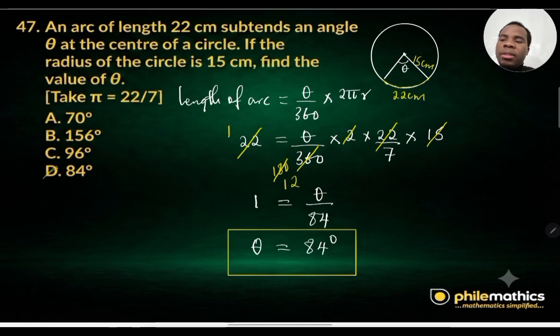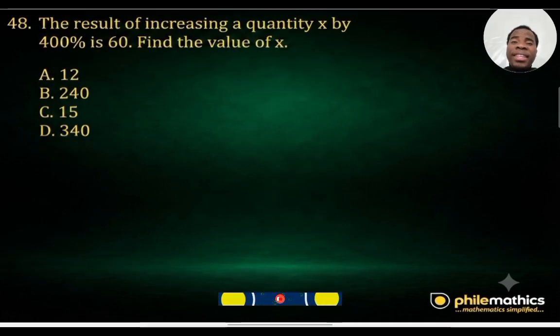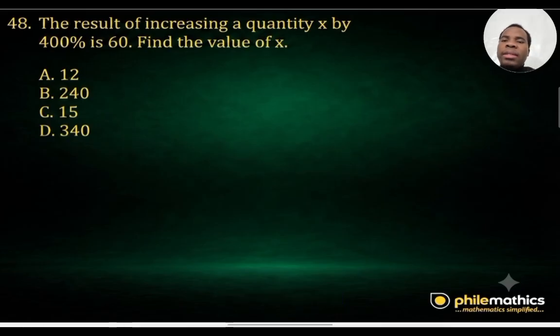And that is D. This is an interesting question on percentage increase that says the result of increasing a quantity X by 400% is 60. Find the value of X. You want to start by asking yourself what the question is talking about. It simply says if you have a number, say x, and then you increase that x by 400%, meaning x plus 400% of x, the result is 60.